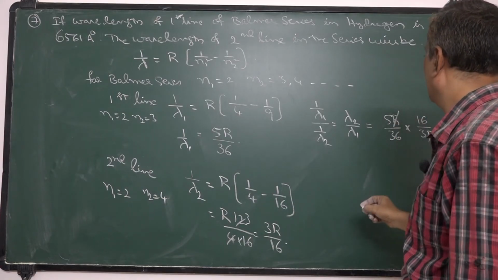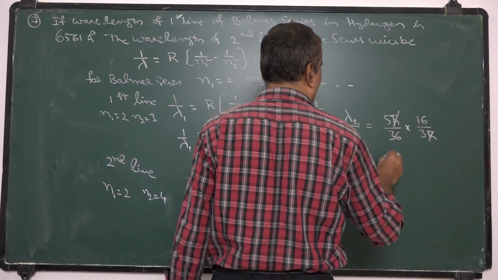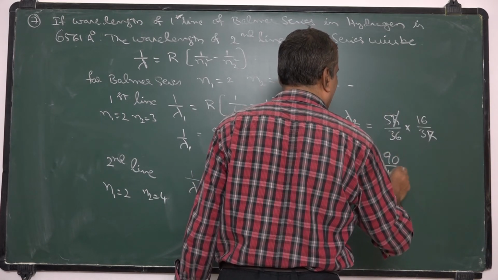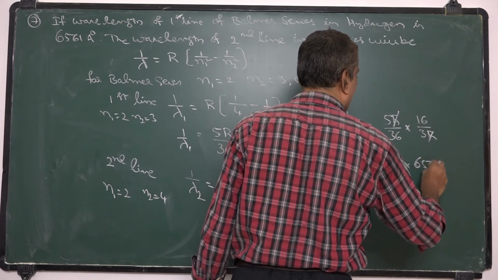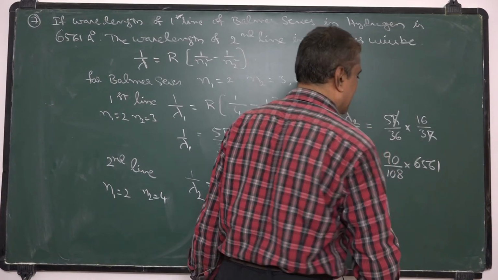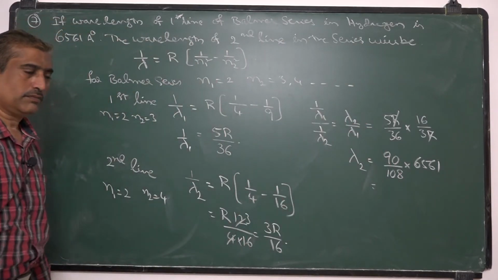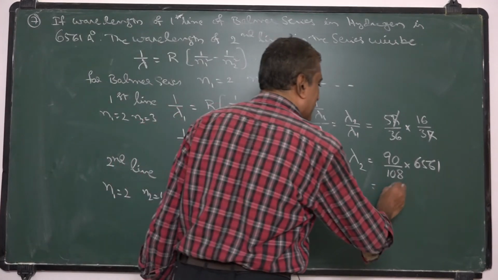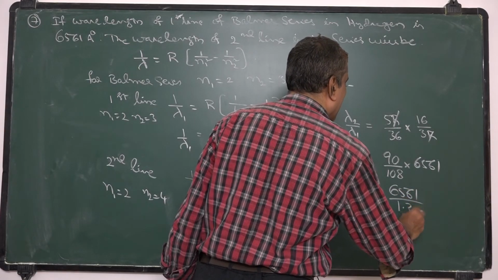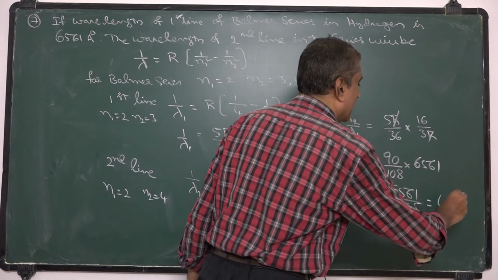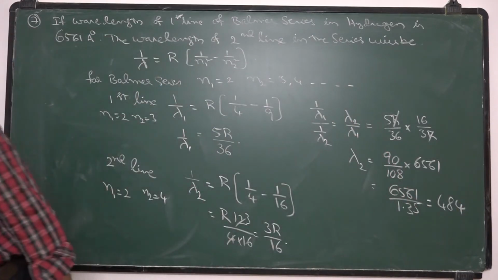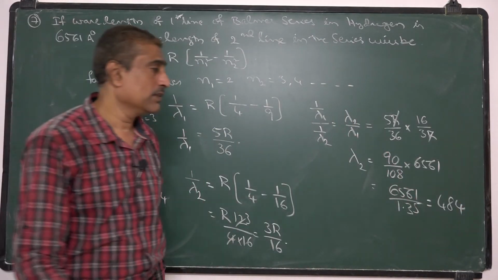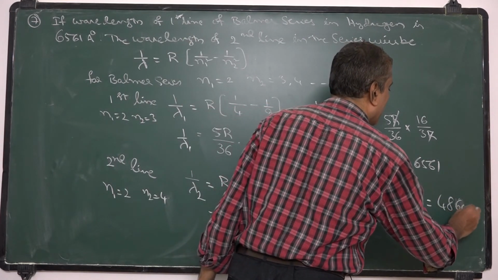R will get cancelled. That is lambda 2 is equal to 90 by 108 into 6561. And this is 6561 by 1.35, and that is 4847, I think, 4860 Armstrong.